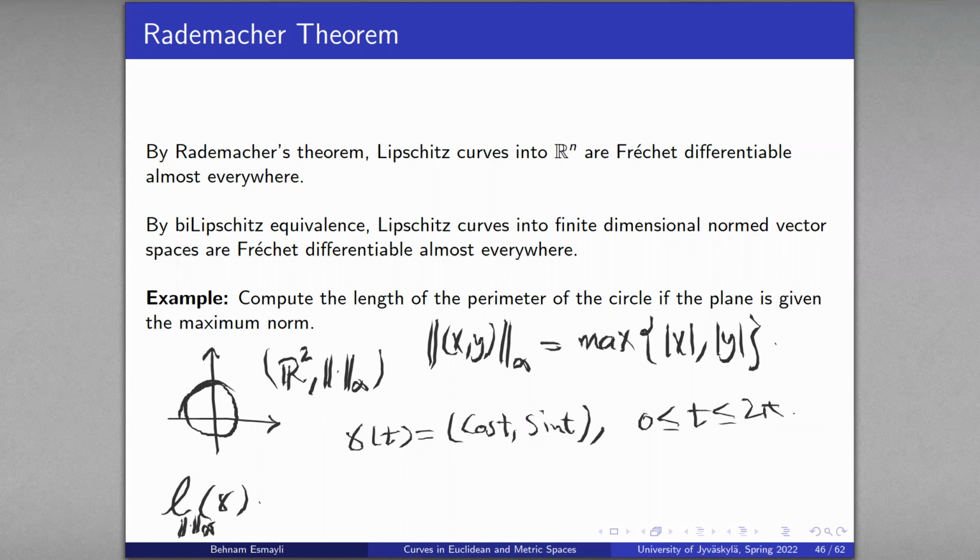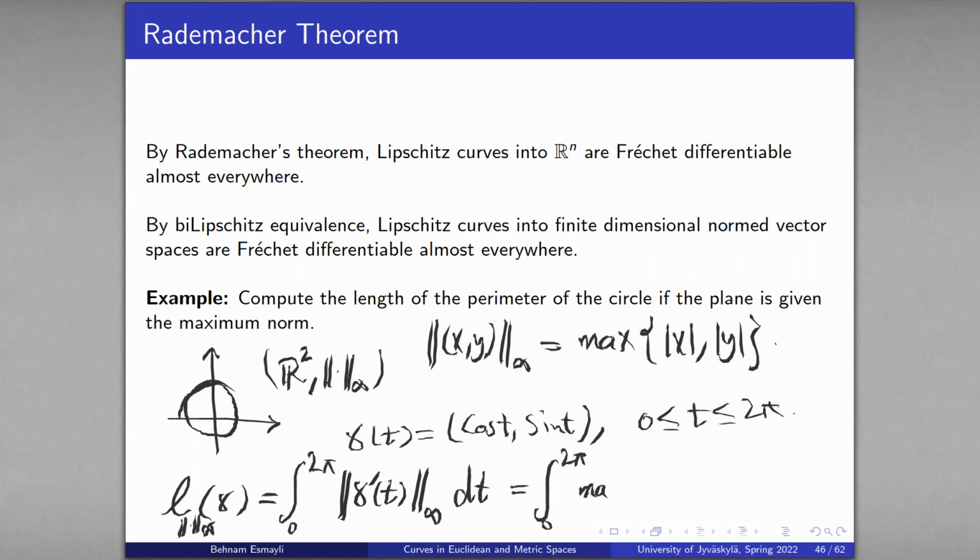Well, by this theorem we saw in the beginning, this will be the integral from 0 to 2 pi of gamma prime of t in the usual sense. But then for the metric derivative, we need to take the norm in that metric, dt. And so gamma prime of t will be the maximum of, well, the derivative of cosine of t is negative sine of t, but its absolute value is just the same as the absolute value of sine of t, and cosine of t, the other component, dt.